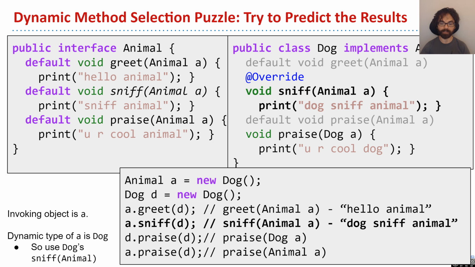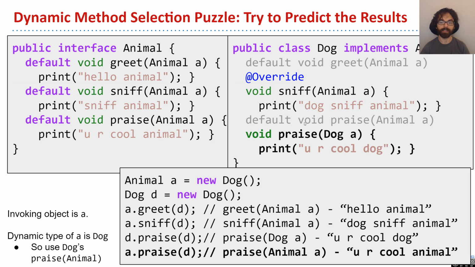Okay, when we get to praise dog, in this case, we're going to use the dynamic type dog's praise dog method. And so we get you are cool dog. And then lastly, we're going to use the dynamic type dog's praise animal method. Okay, so we're going to call praise animal over here, and we get you are cool animal.